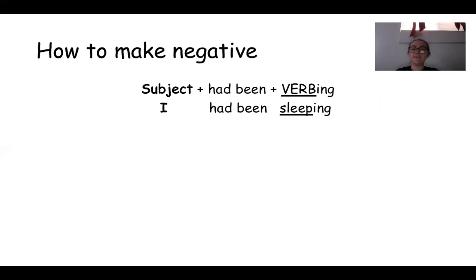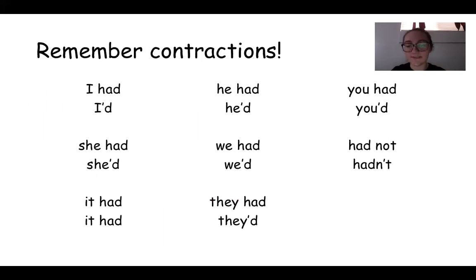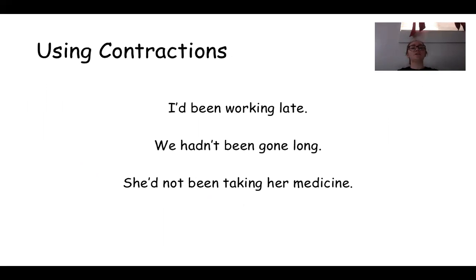So to make it negative, again, instead of saying had been, you say had not been, hadn't. I had not been sleeping. Had not is hadn't, if it's a contraction, or you could just say had not. So I'd been working late is I had been working late.